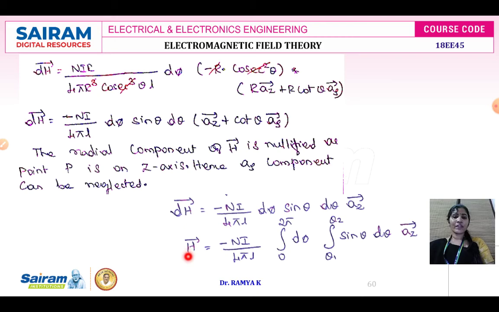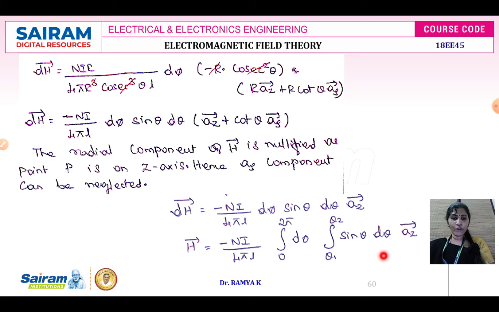To identify the value of H, we have to integrate on our right hand side. When integrating, phi has to be integrated between the limits 0 to 2 pi, whereas theta should be integrated with respect to theta from theta 1 to theta 2, where theta 1 is nothing but the initial value of theta from the starting point of your conductor, and theta 2 is going to be the angle made from the end point of the conductor to the point under consideration.